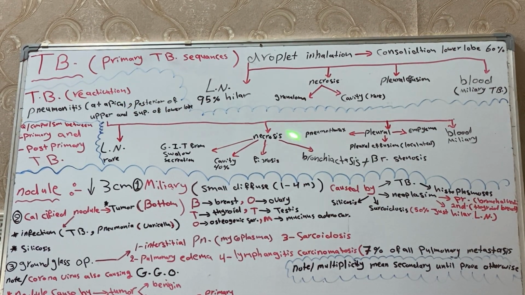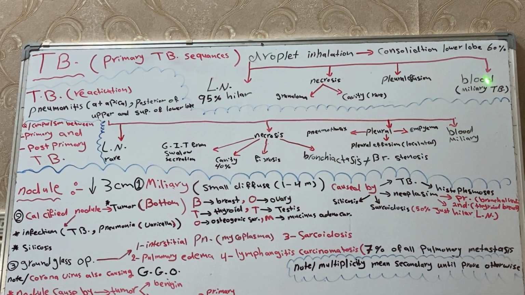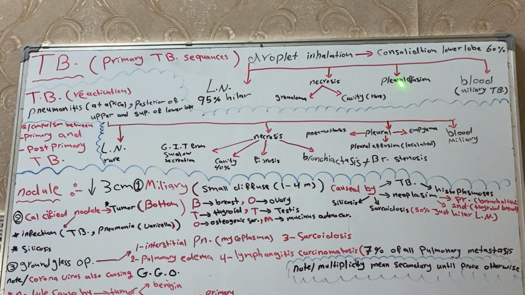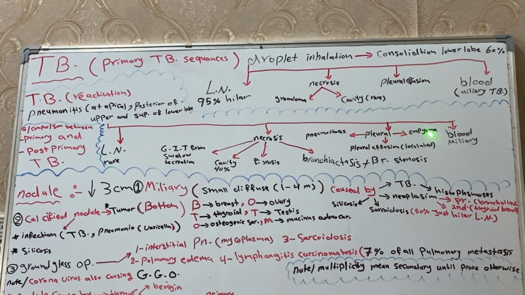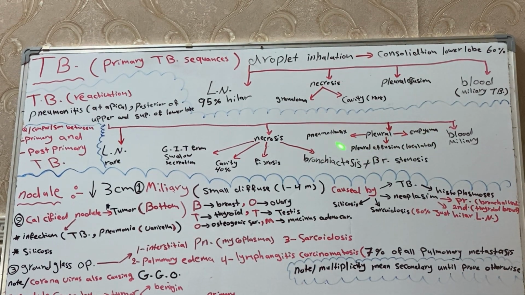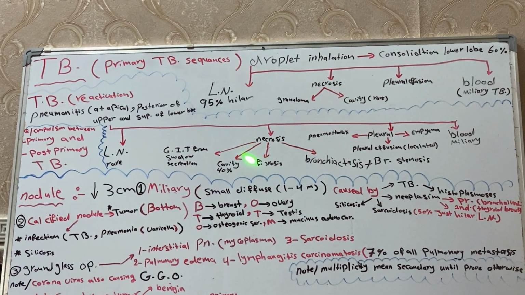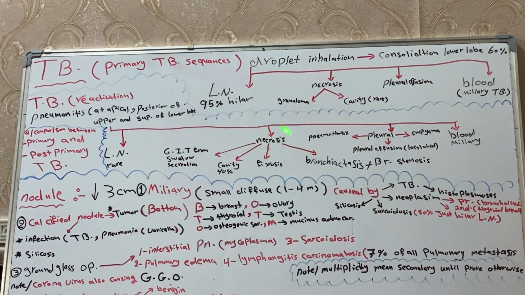Involving first the blood causing miliary TB, or the pleural effusion. This involves the pleura causing empyema, pneumothorax, and loculated pleural effusion. Necrosis in the primary and necrosis in the reactivation.